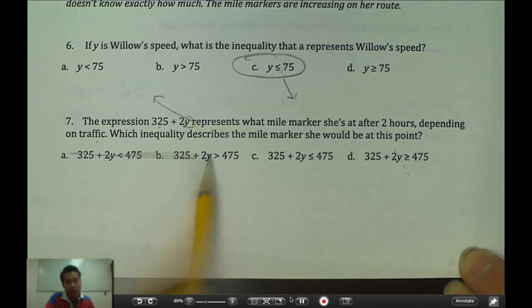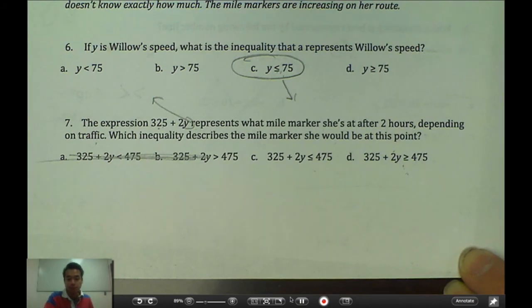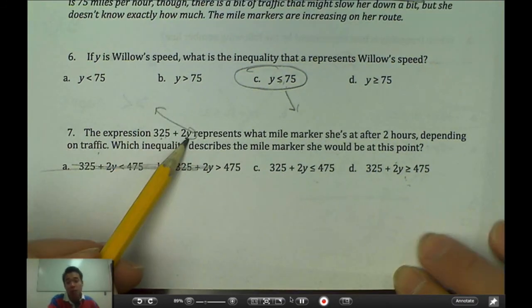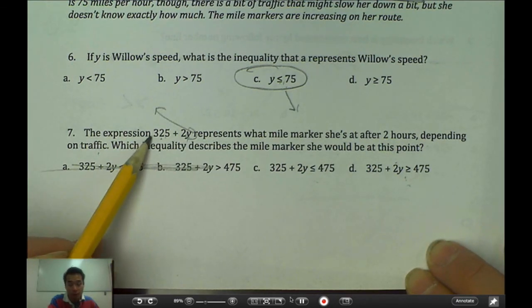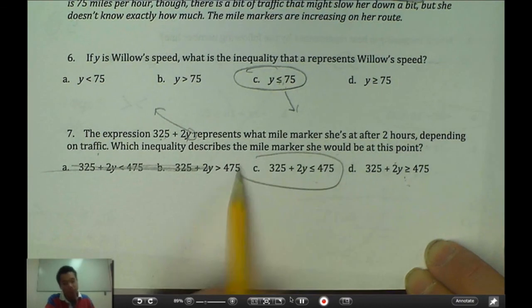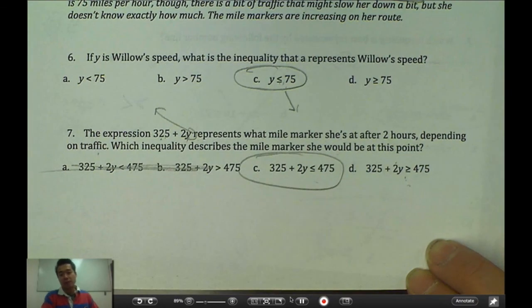So A and B don't matter in this case. But if she goes 75 miles an hour for about 2 hours, that's 150 miles, 150 plus 325. So the most she can be at is 475 and no less. So it's got to be that one, because she's only been driving 75 miles an hour for 2 hours. Sometimes she goes below 75. She doesn't go above it. So that one would be more logical.